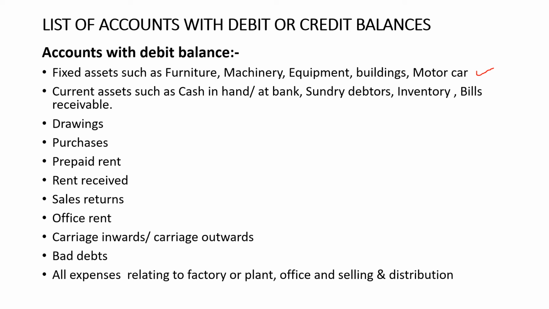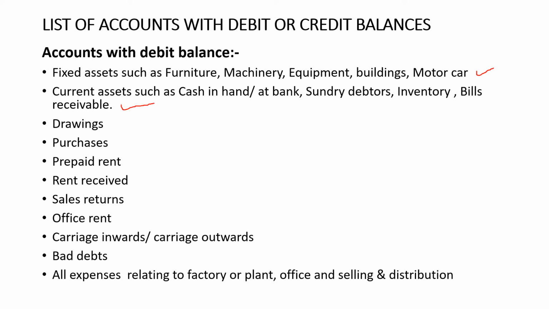In the debit column we have to write these fixed assets. Then current assets such as cash in hand, cash at bank, sundry debtors, inventory, bills receivable. All these current assets we get as debit balances in the trial balance.